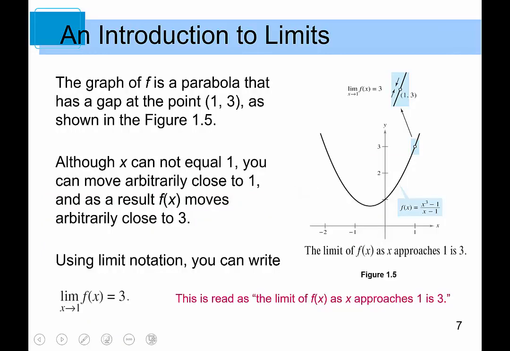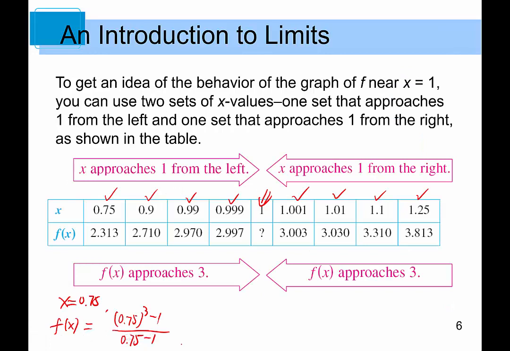If you perform the operation, it turns out to be approximately 2.313. That's how we get all these y values, by replacing x with the corresponding x values we selected.